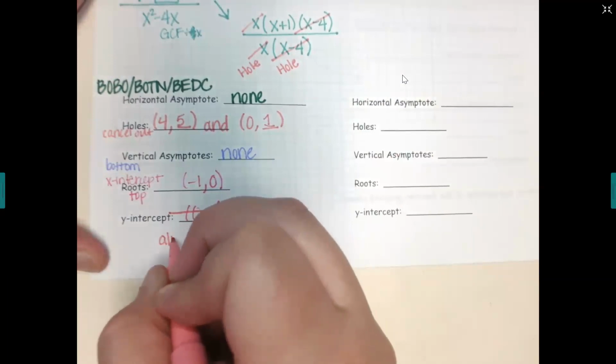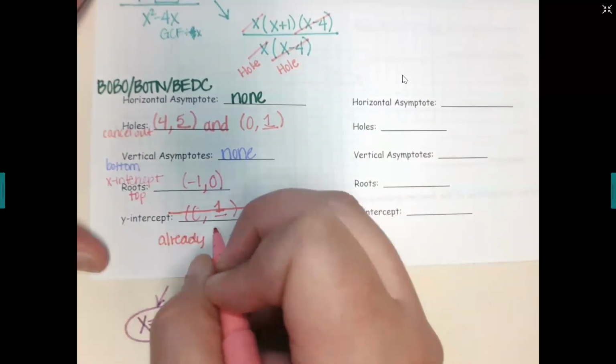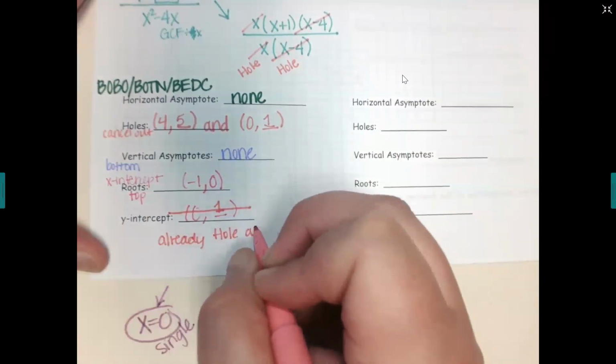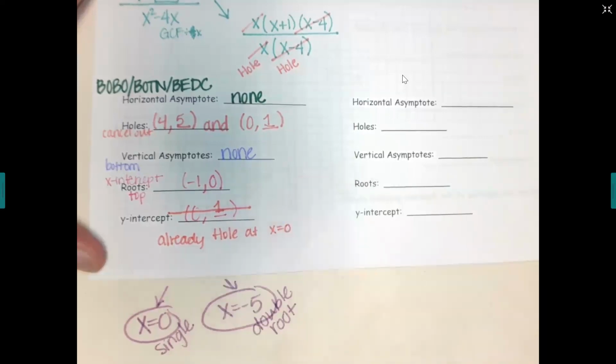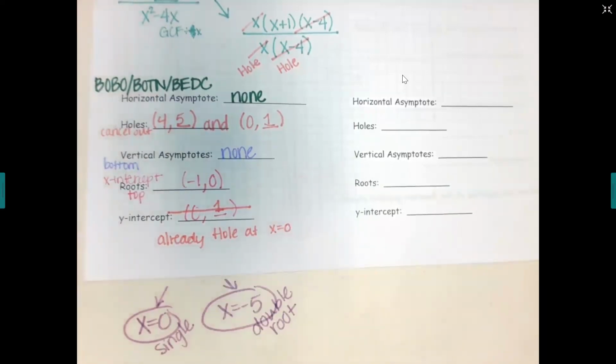So I'm gonna put already hole at 0. Okay, so you should not have features on top of each other. The only exception to that is if your x and y intercepts are both the origin, those are allowed to be on top of each other. Any questions on that? All right, go ahead and turn the page for me.